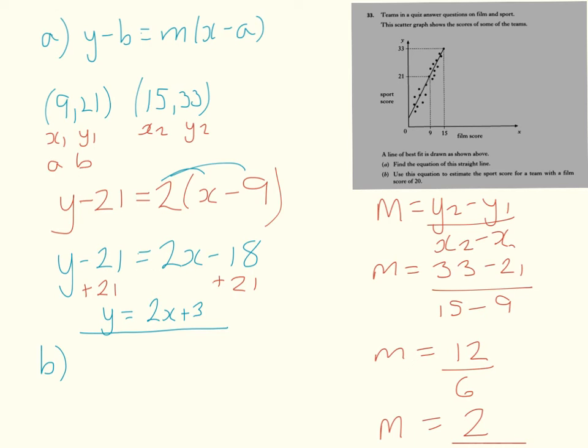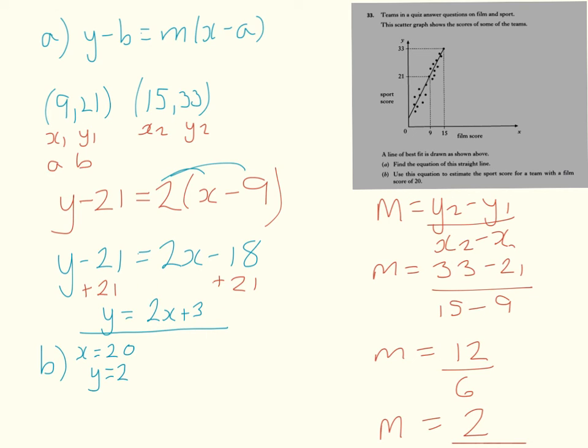So if we have got a film score of 20, that means that X is going to be 20. I've got my equation, Y equals 2X plus 3. So what I'm going to do is I'm going to substitute X equals 20 into this equation.